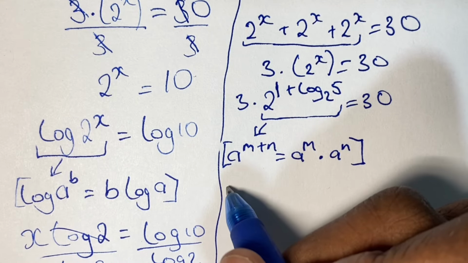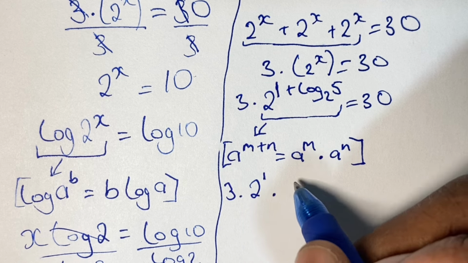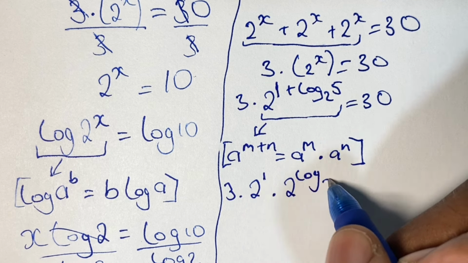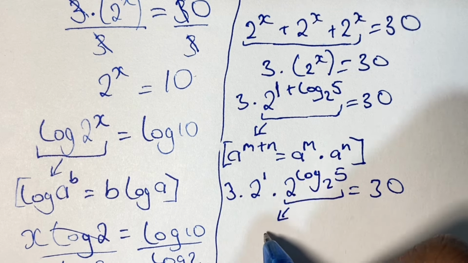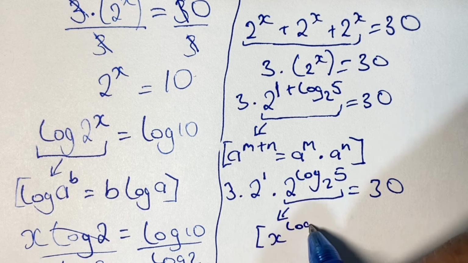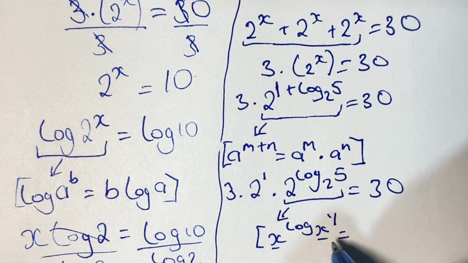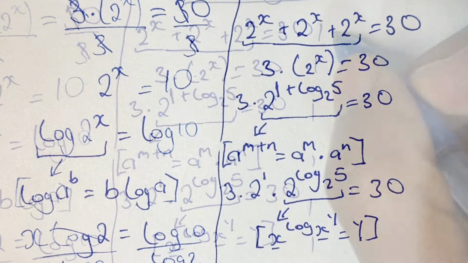Now in using this law of indices, we rewrite our equation as 3 times 2 to the power of 1 times 2 to the power of log base 2 of 5 equals 30. And now from here we see where we have 2 to the power of log base 2 of 5. There is a logarithm rule that tells us what this is equal to. Our rule says if we have x to the power of log base x of y, our answer is y.